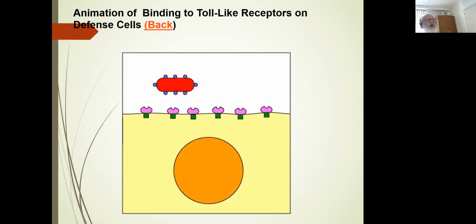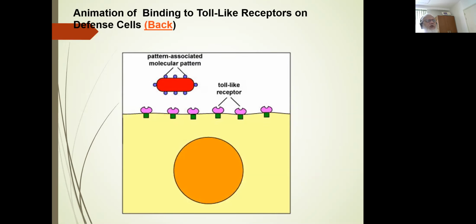This is the animation of how toll-like receptors act. You see again, the pathogen-associated molecular pattern binds with the signaling receptor, and it leads to formation of cytokine.